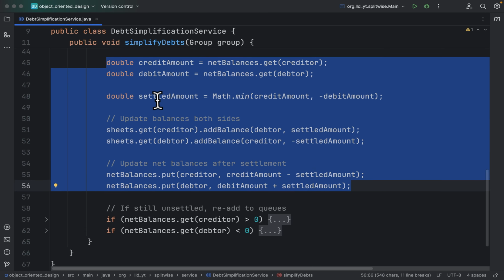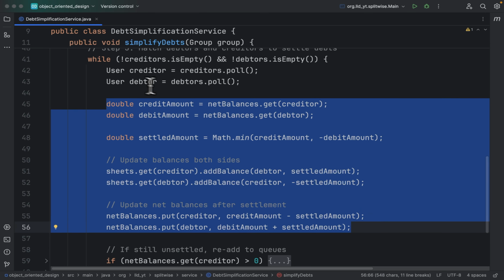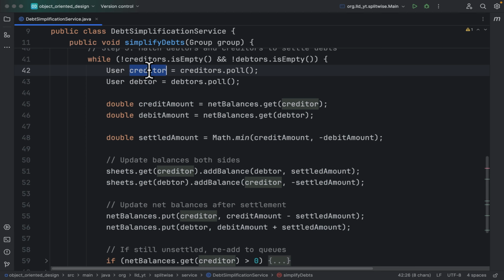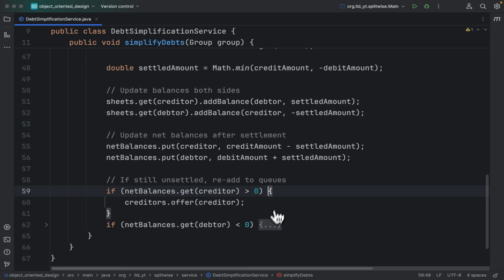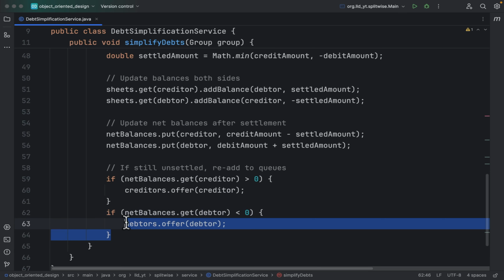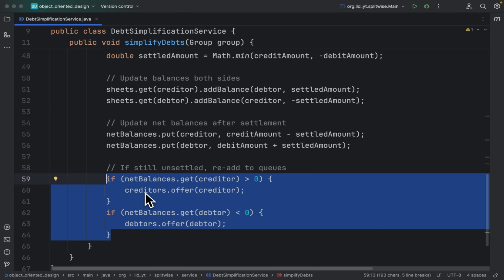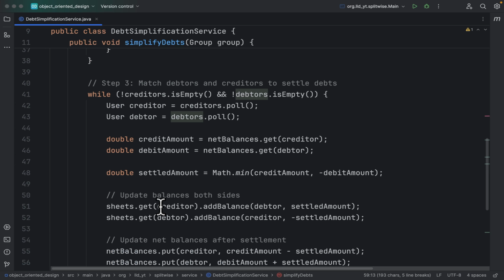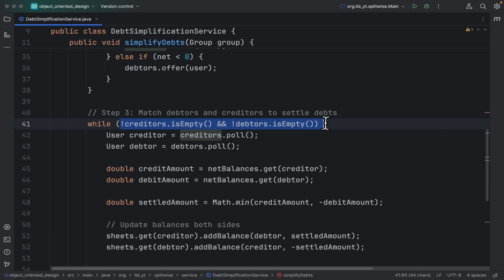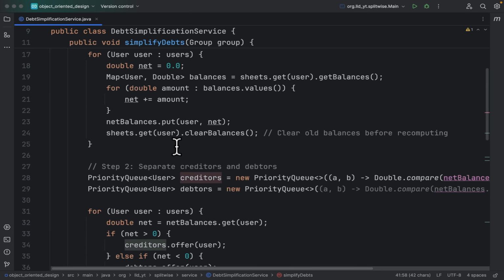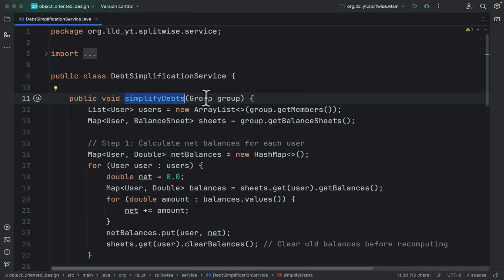And even after performing the transaction between this sender and the receiver, if one of them is still not equal to 0, then I am again adding that particular user into the heap. Okay. So the total number of times this while loop would be running will be equal to the total number of resultant transactions. Okay, so this will basically simplify the debt in a specific group.